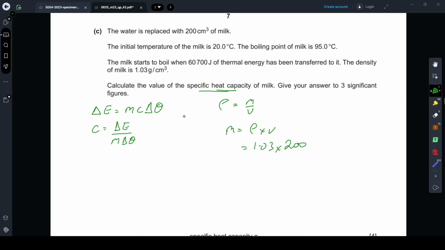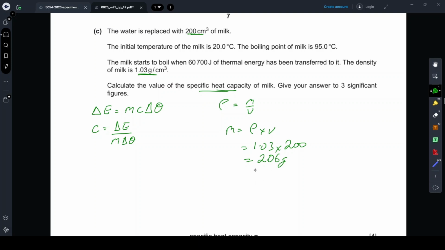You have the density, you have the volume, so what will this give us? 206 grams. Yes, so you have 206 grams of milk.